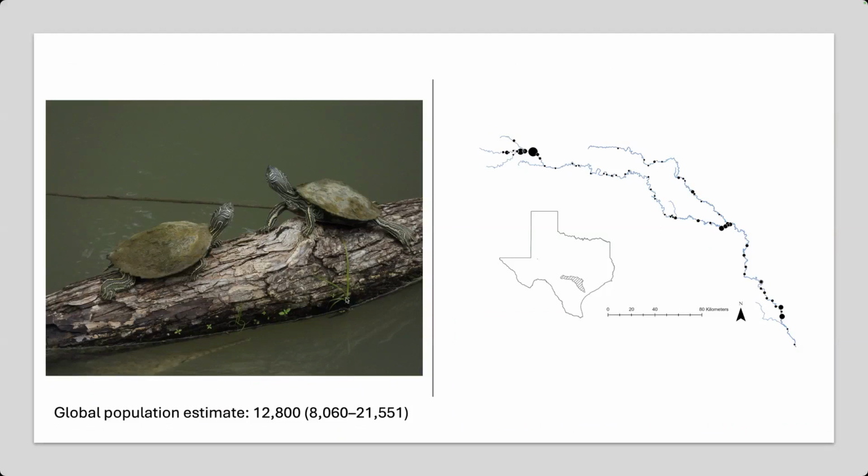So this kind of leads us to some estimates of global population size for Cagle's map turtles. If you look on the right, this is basically a map where the circle size is showing relative densities of turtles. You can see there's extremely high densities in the headwaters. You could see another cluster of high density location by Gonzales, kind of in the middle Guadalupe or lower.